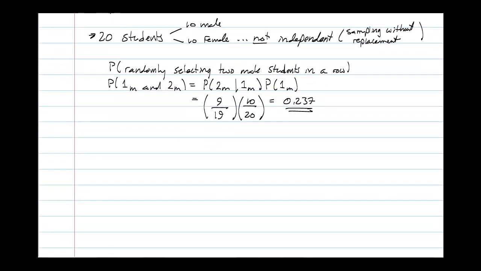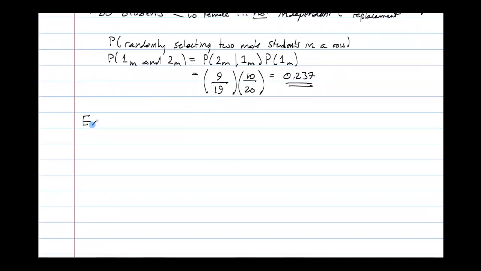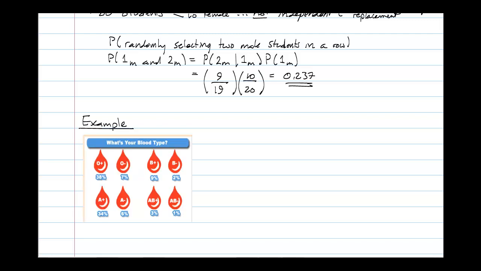Let's go ahead and look at another example where we're looking at blood type. Now we're going to be pulling in that blood type chart that we've used in previous examples to determine the probabilities of the blood type distributions.